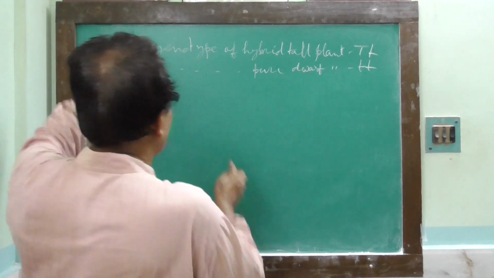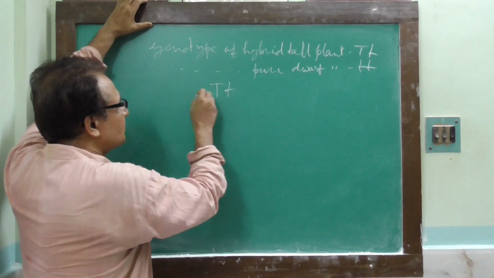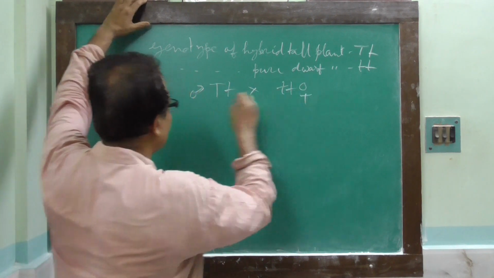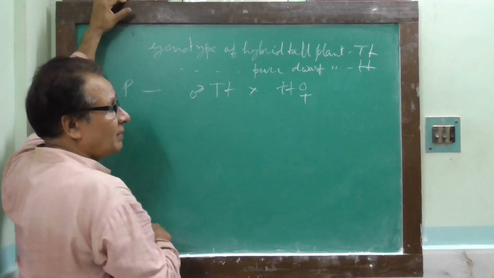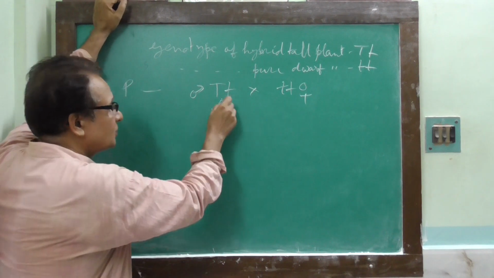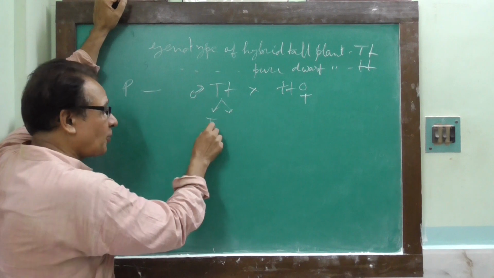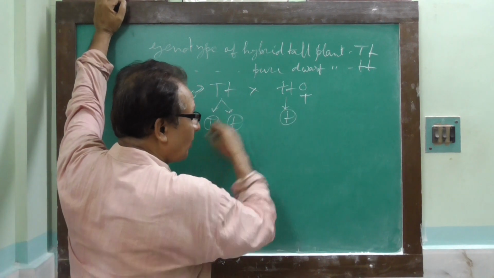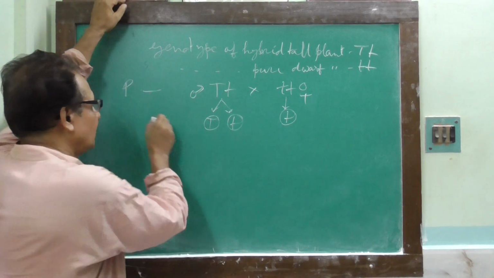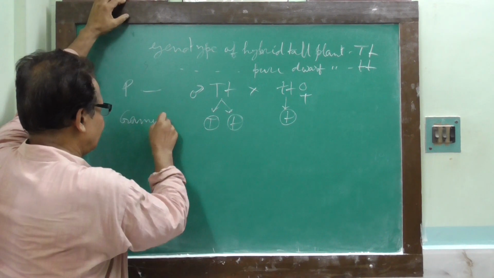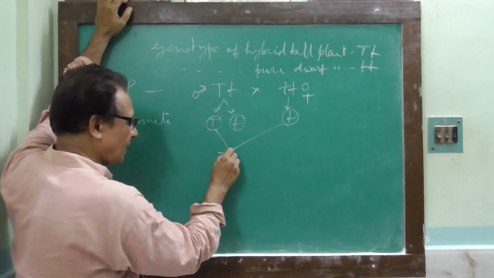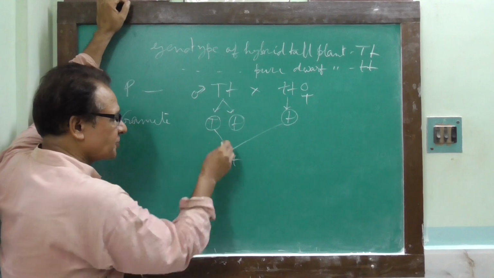Now come to this point. Capital T, small t, the male, and small t, the female, the parental generation. You know here 2 types of gametes are formed, capital T type and small t type, and here only 1 type of gamete, small t. Then if capital T fertilizes small t, we get capital T, small t.